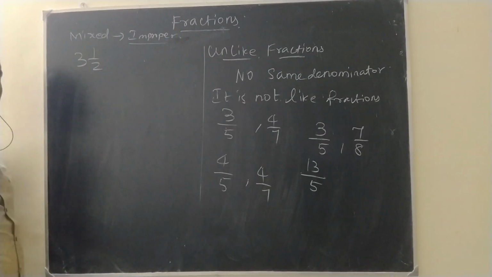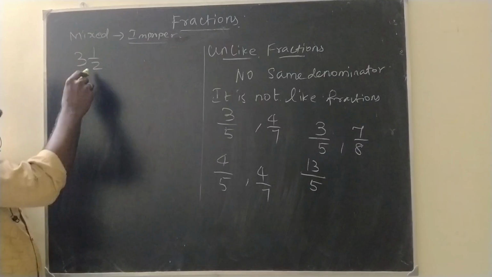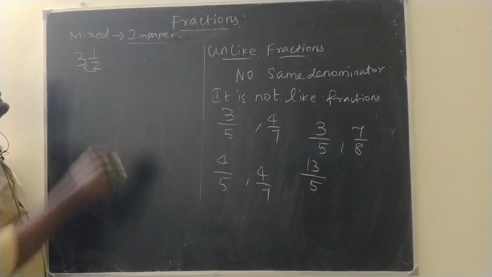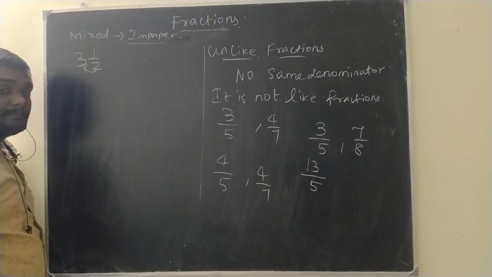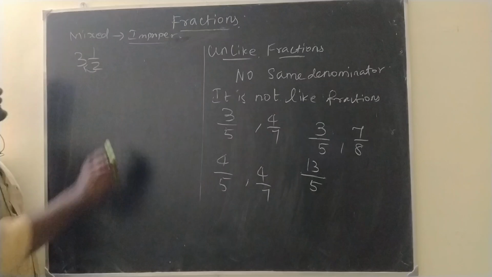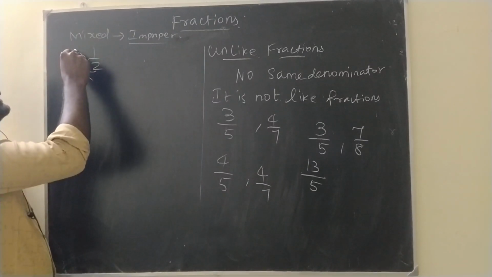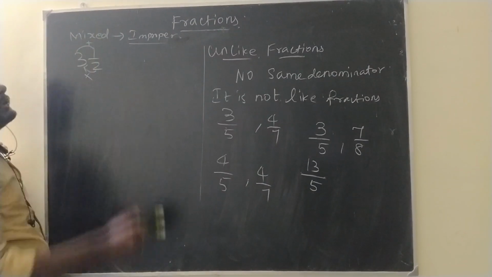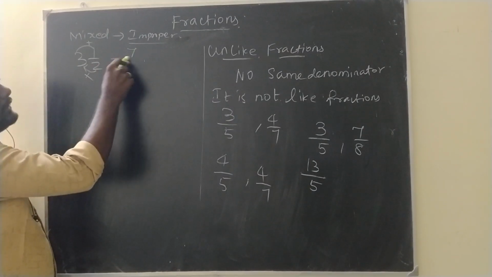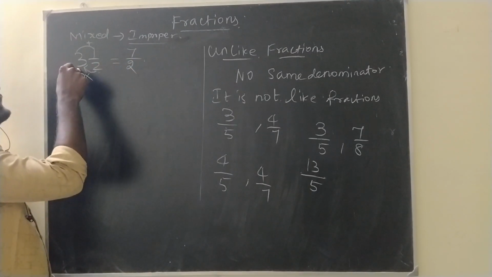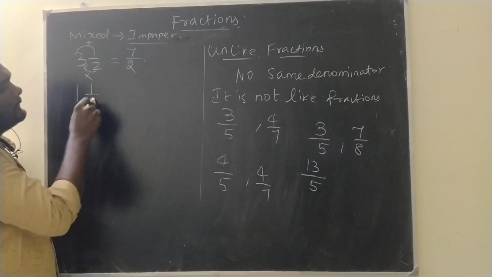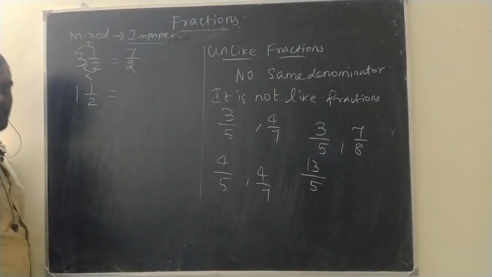How we can convert, listen carefully. The denominator has to be multiplied with the whole number. 3 2s are 6. So here it is multiplication. With that result, 6 has to be added to the numerator. So our answer is 7 by 2. 3 2s are 6, 6 plus 1, 7 by 2. So 3 and a half is what is an improper fraction.